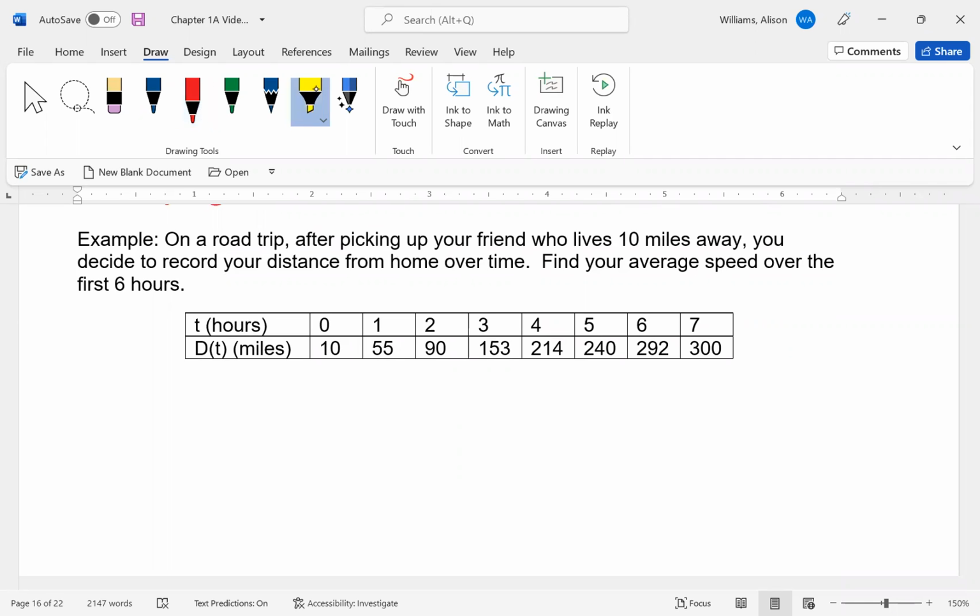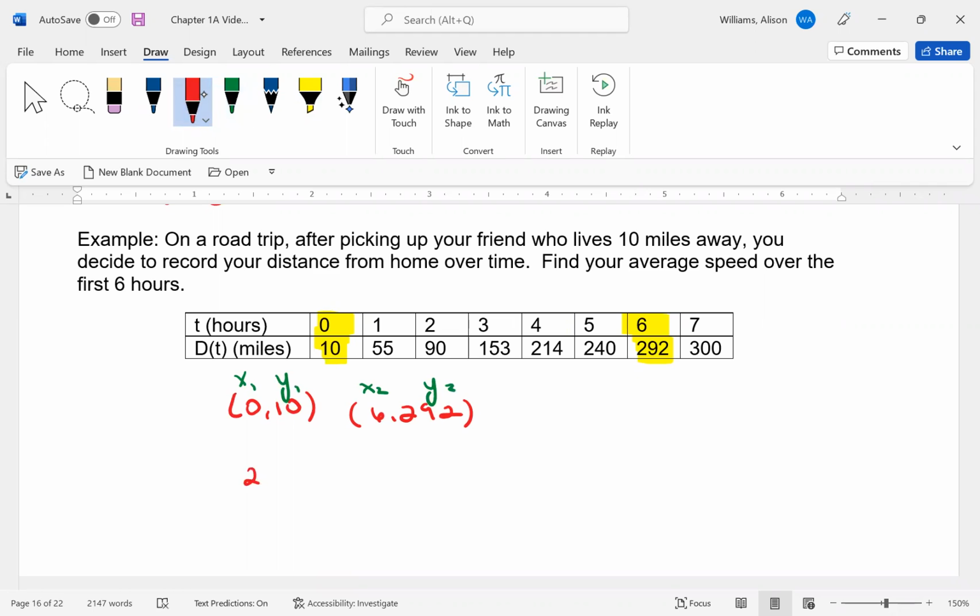That means we're looking at our starting point up to the 6-hour mark. Those are our two ordered pairs that we're going to work with, so I'll just pull them down. (0, 10) is the first one, and (6, 292) is the second one. This would be my x1, y1, x2, y2.